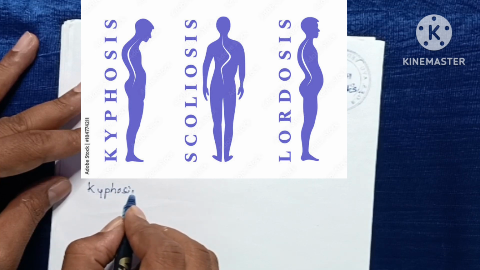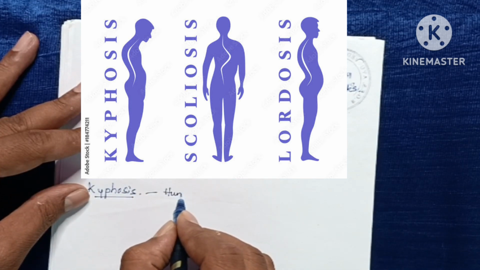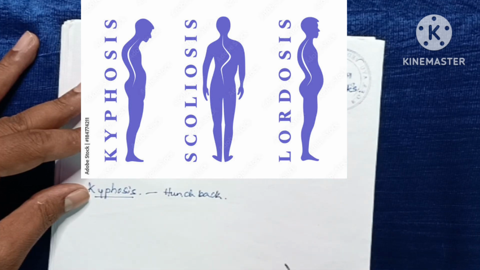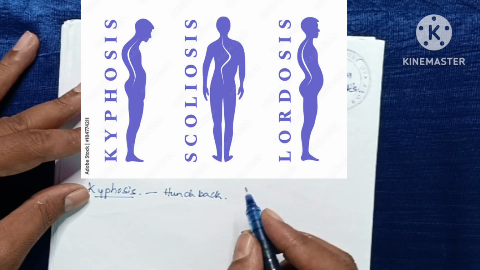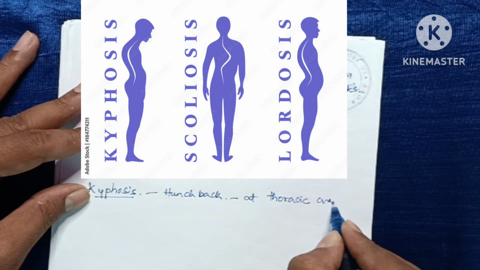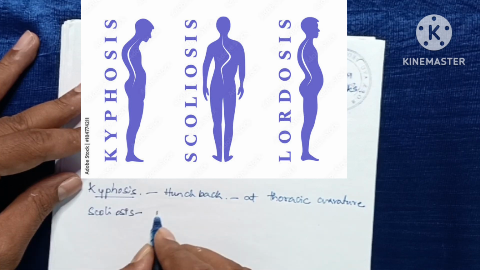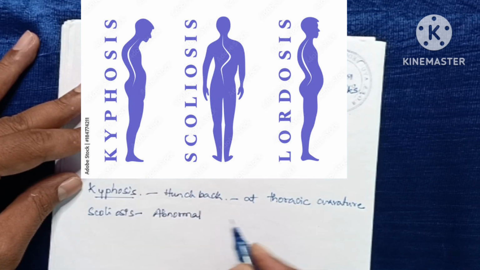Next is kyphosis. You have heard this word kyphosis, which is also known as hunchback, and it develops at the thoracic curvature. The next is scoliosis, which is an abnormal lateral curvature.